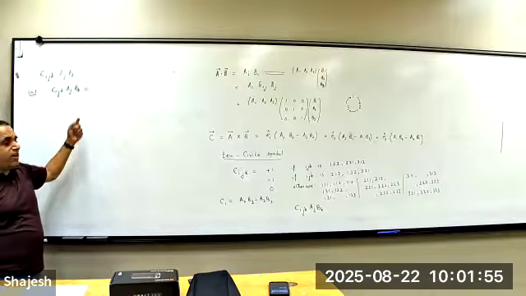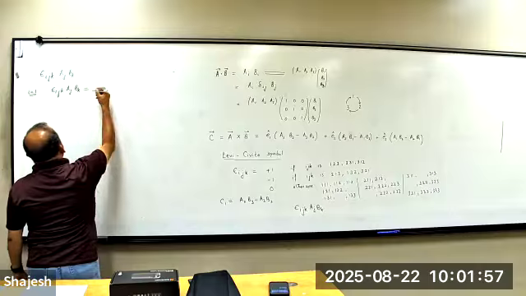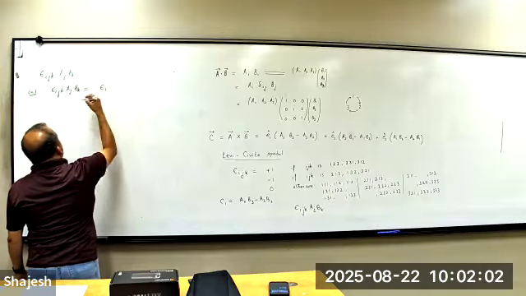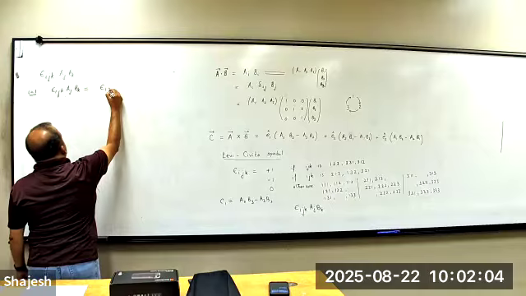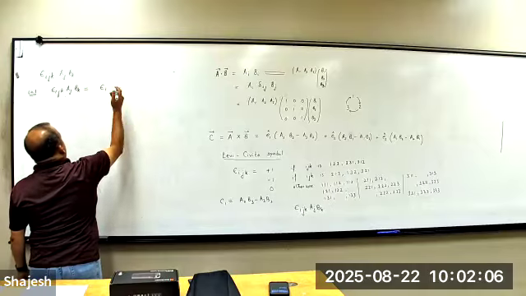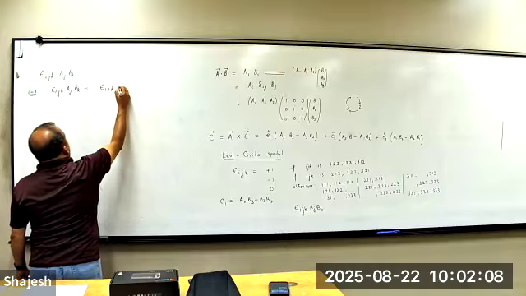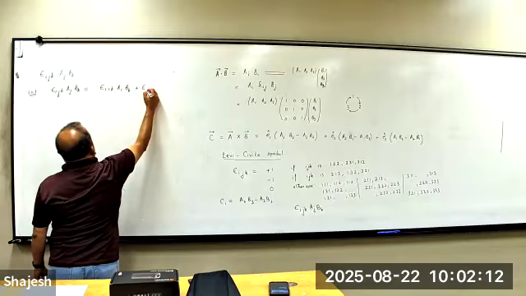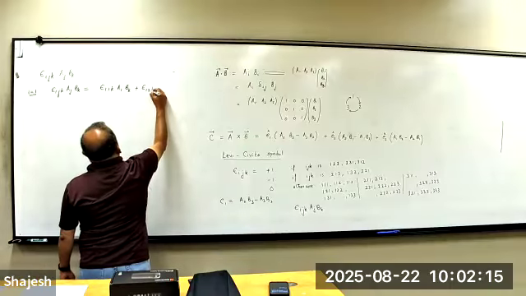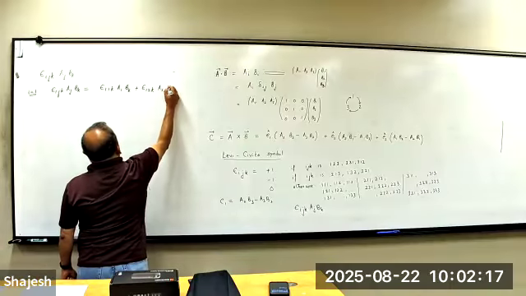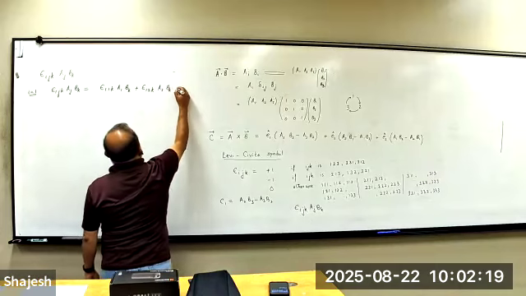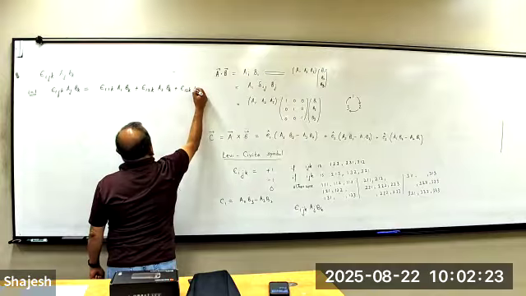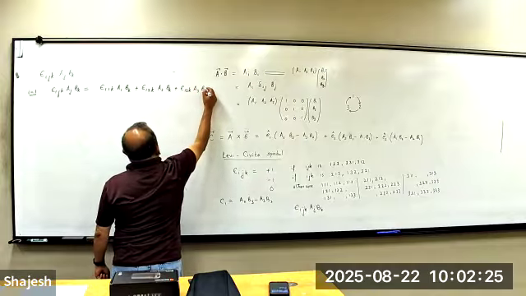I'm summing over j and k, so I sum them over. Now I'm summing over j, so j can take 1, epsilon 1 1 k a1 bk plus epsilon 1 2 k a2 bk plus epsilon 1 3 k a3 bk.